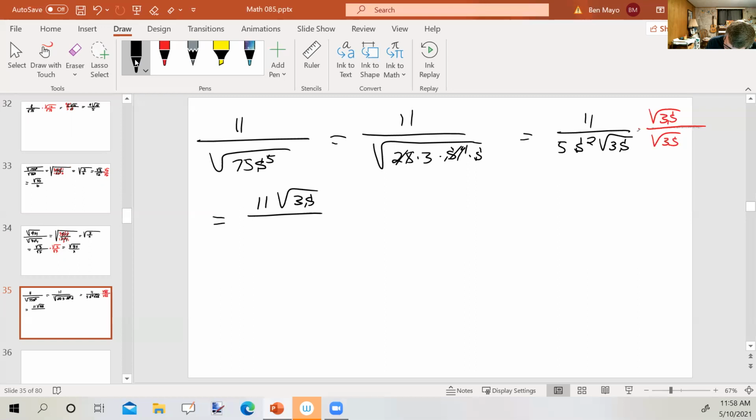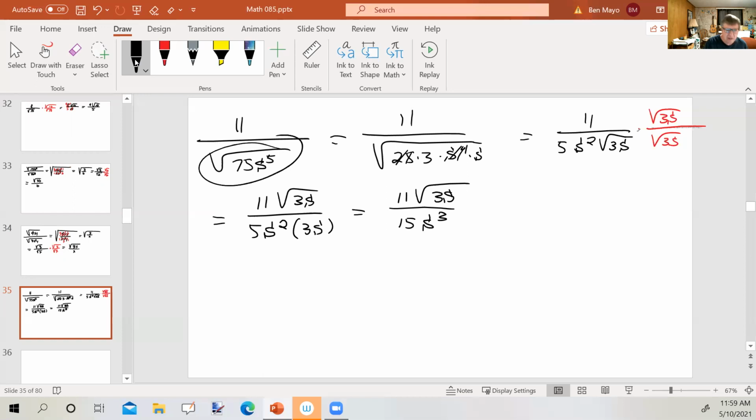My new denominator is 5s squared times 3s, which is 11 square roots of 3s over 15s cubed. So I simplified that before I tried to rationalize it. Otherwise, I'd have to multiply everything by the square root of 75s to the 5th over that same thing. That works. You end up having to reduce it at the end. So you can do it up front or do it at the end.